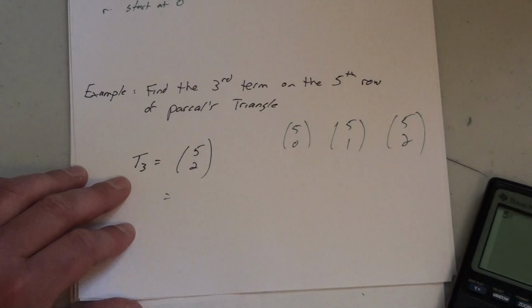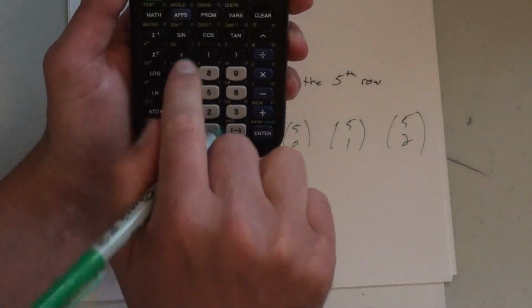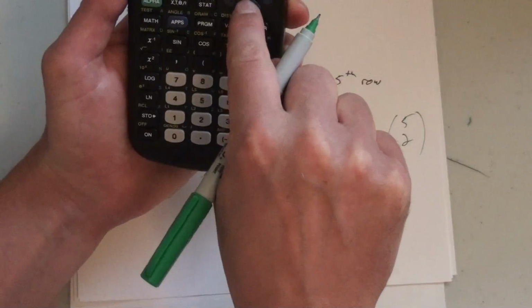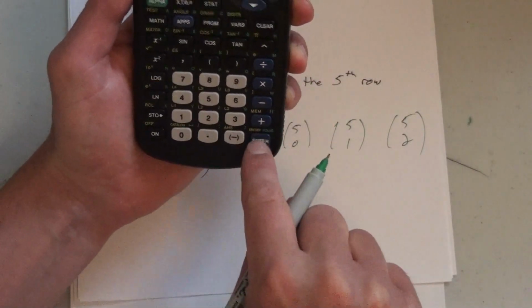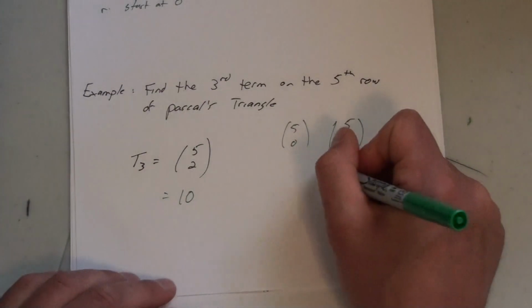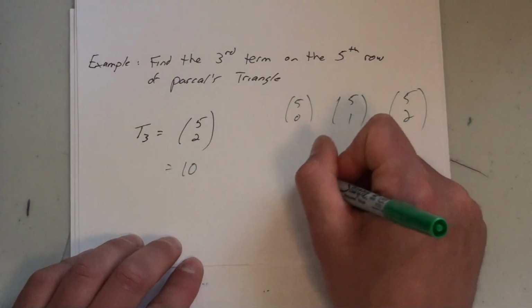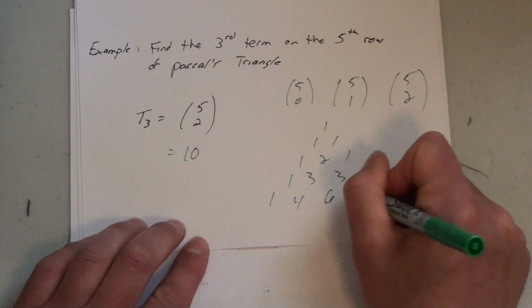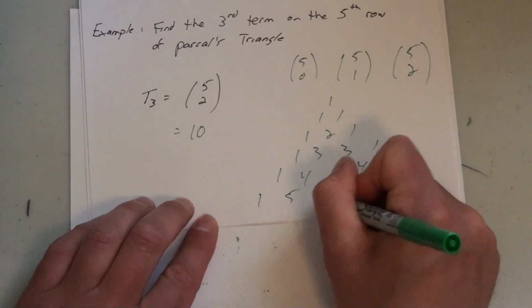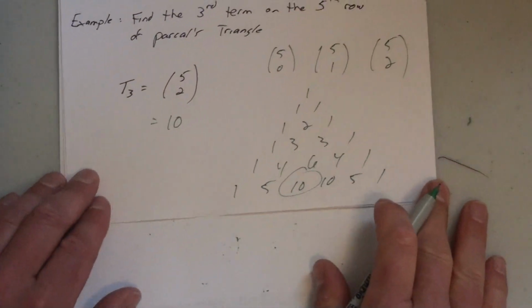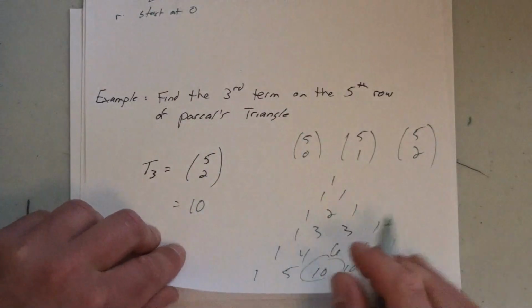If you're using a graphing calculator, it's in the math button, nCr. Choose 5, 2, and it'll give you a 10. And if you know Pascal's triangle, 1, 1, 1, 1, 2, 1, 1, 3, 3, 1, 1, 4, 6, 4, 1, 1, 5, 10, 10, 5, 1, the 3rd term is a 10. This is just a little shortcut way to do it.